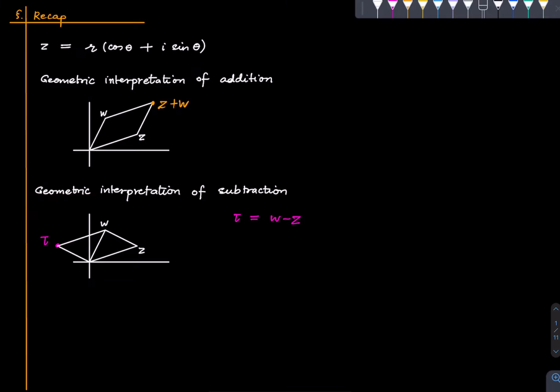And many times we just draw an arrow and say that this complex number is w minus z. When we say that, what we really mean is that the complex number obtained by translating this kind of directed segment, with its tail going to the origin and its head going to wherever that head goes, is the complex number w minus z.